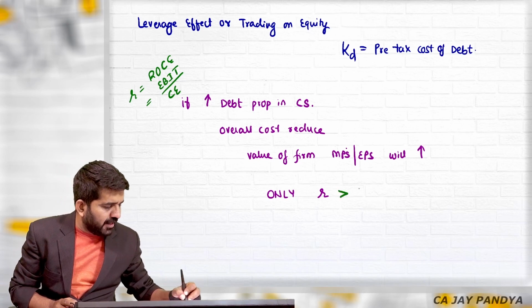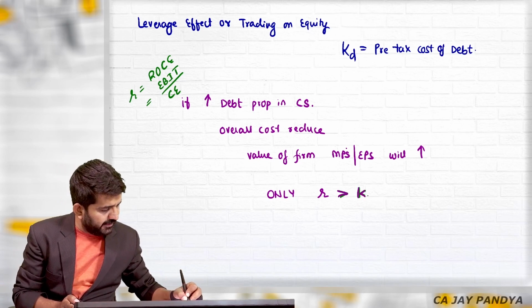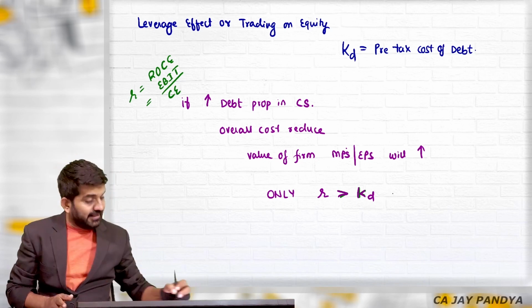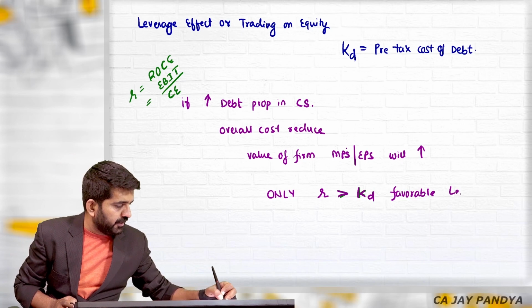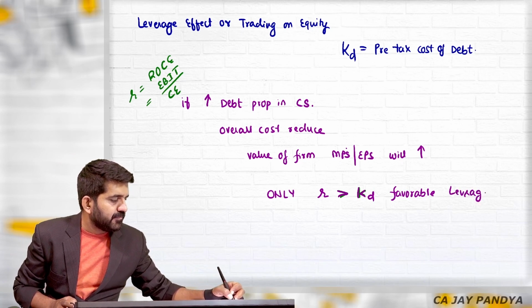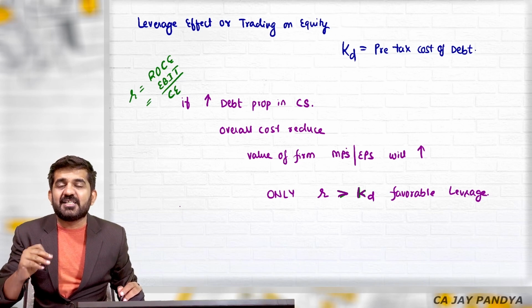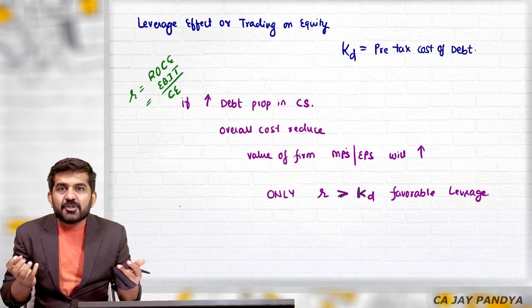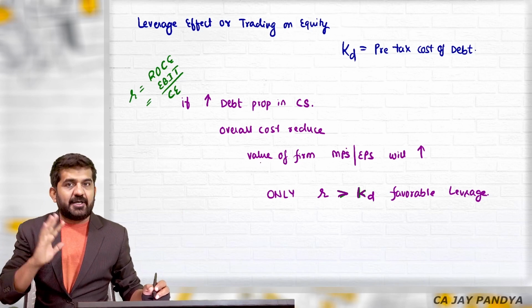Only if R is greater than KD, there is a favorable leverage. What does favorable leverage mean? The risk is favorable on your side. So you take more risk. If R is greater than KD, you should increase the debt proportion.